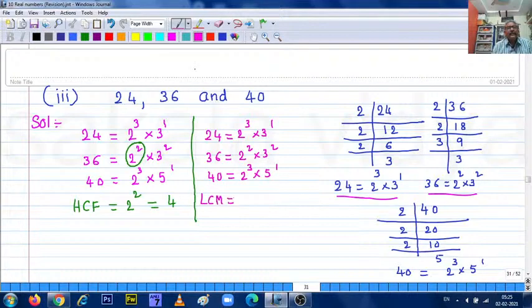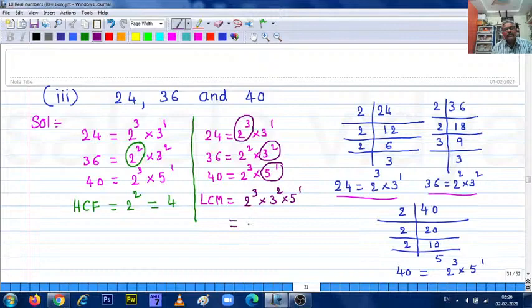Common means 2 cube, 2 square, 2 cube is common in 24, 36, 40. But highest out of this one, 2 cube is the highest. But here 3 power 1, 3 square. Highest is 3 square. And 5 power 1 also you need to consider. That means 2 cube, 3 square into 5 power 1.